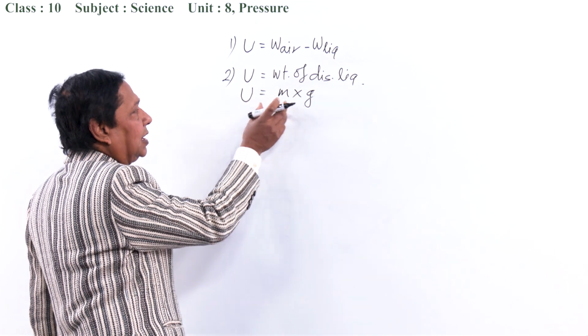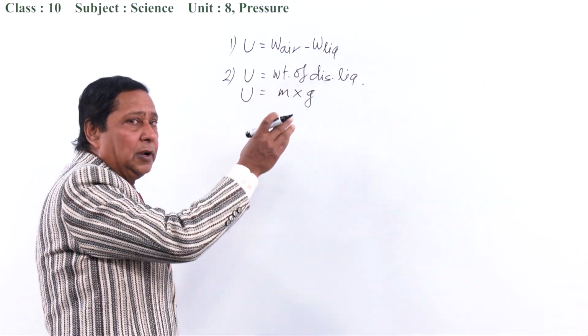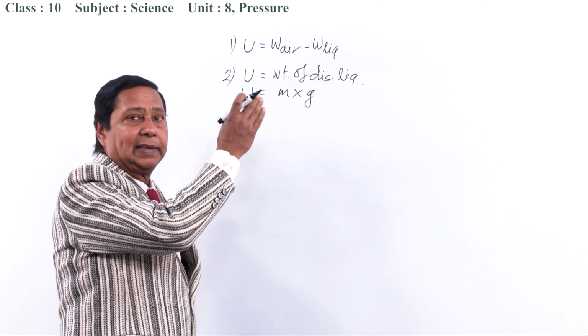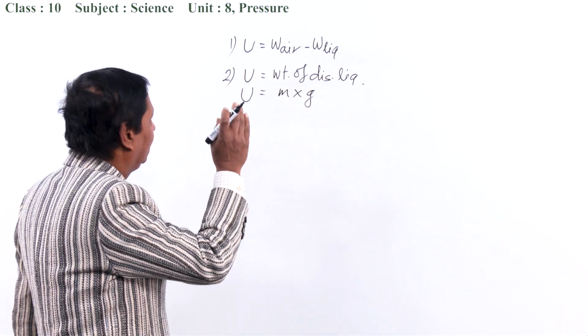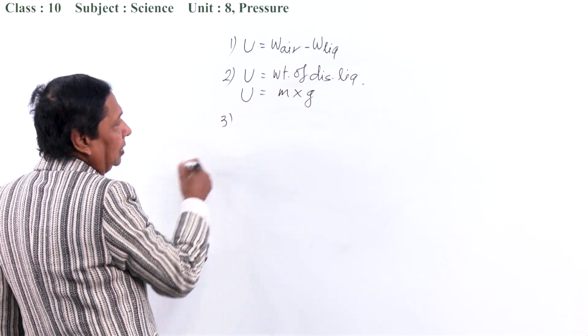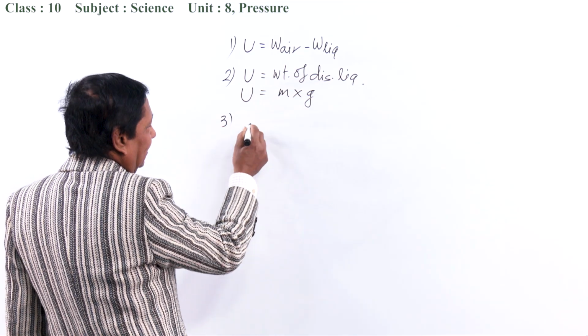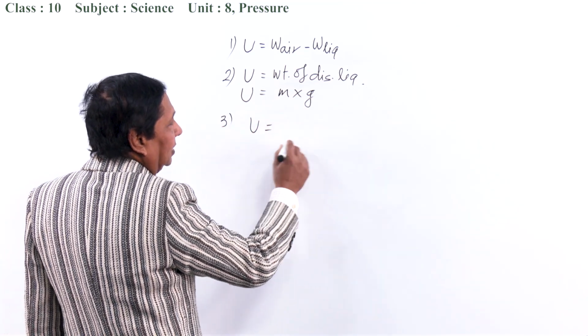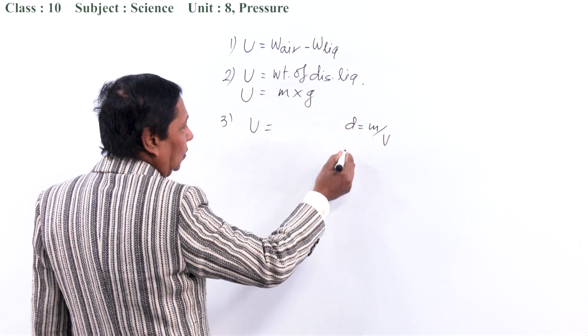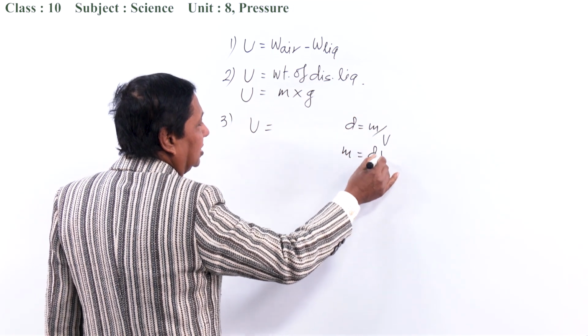Thrust acting on a body is equal to the mass of displaced liquid multiplied by acceleration due to gravity. Okay, let's talk a little more about the same. Third, what does mass mean? Density equals mass by volume. If so, then mass is equal to density into volume.